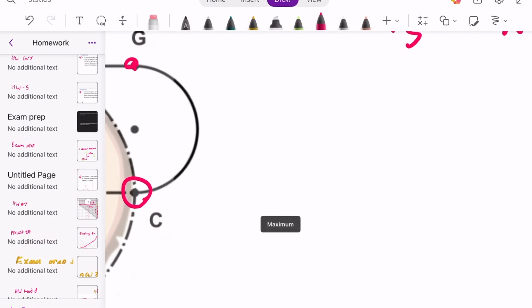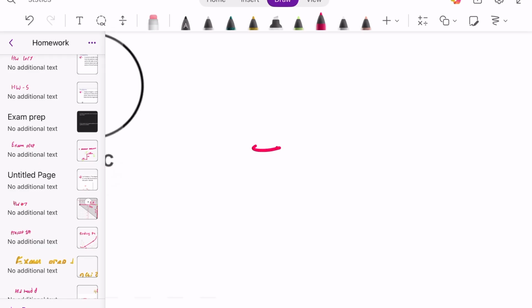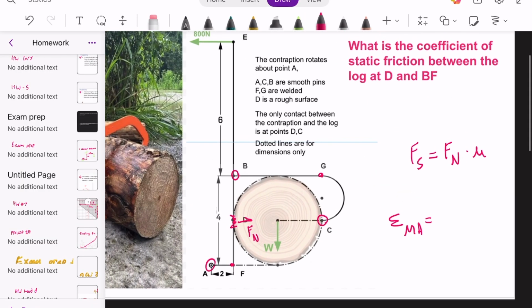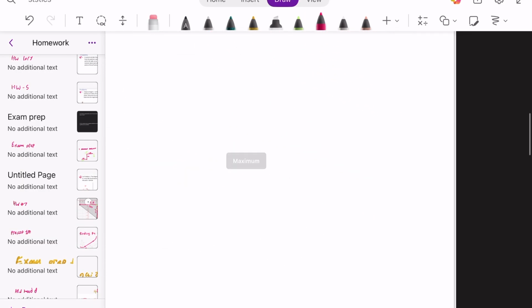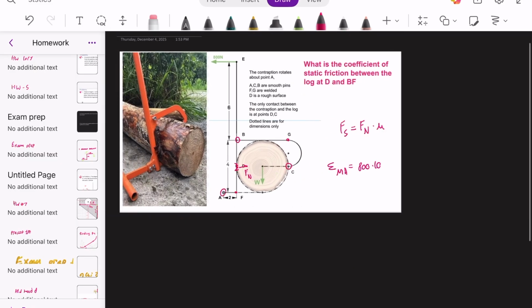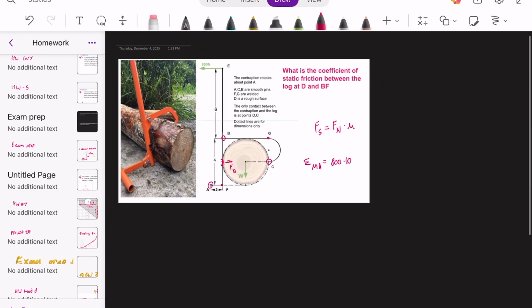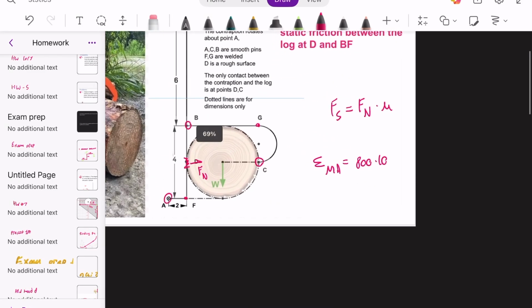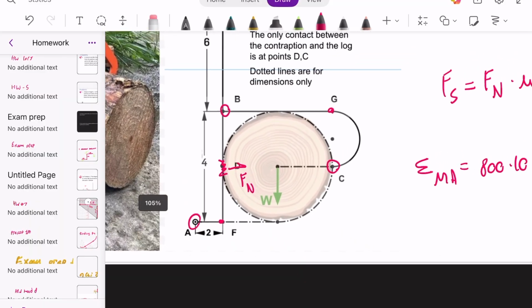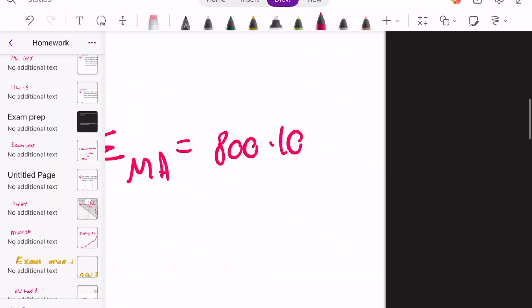To start chipping away at that, we're probably going to want to know the weight of this whole thing. So to find the weight, we can just take the sum of moments about A, which is going to be equal to our 800 Newton applied force times 10 meters for its perpendicular distance. It's probably not actually meters, but I didn't make this to scale. And then our weight force, which is going to be negative by convention.